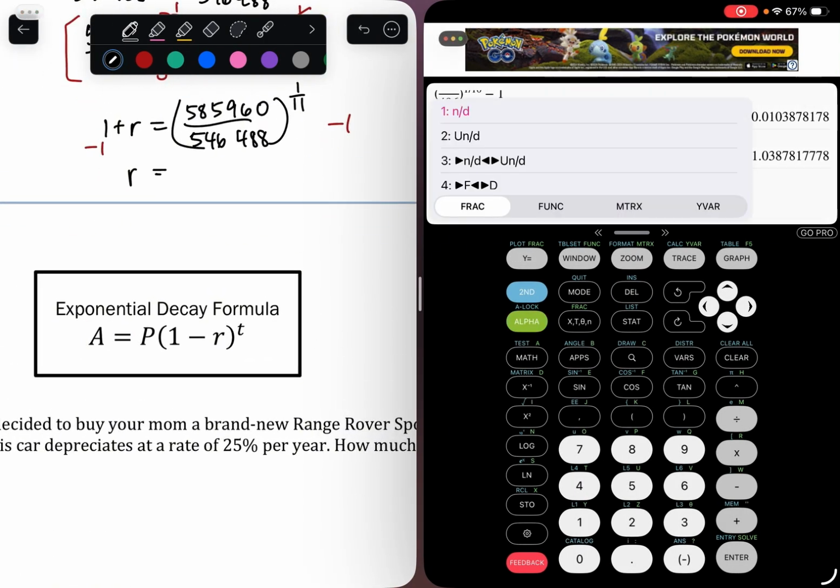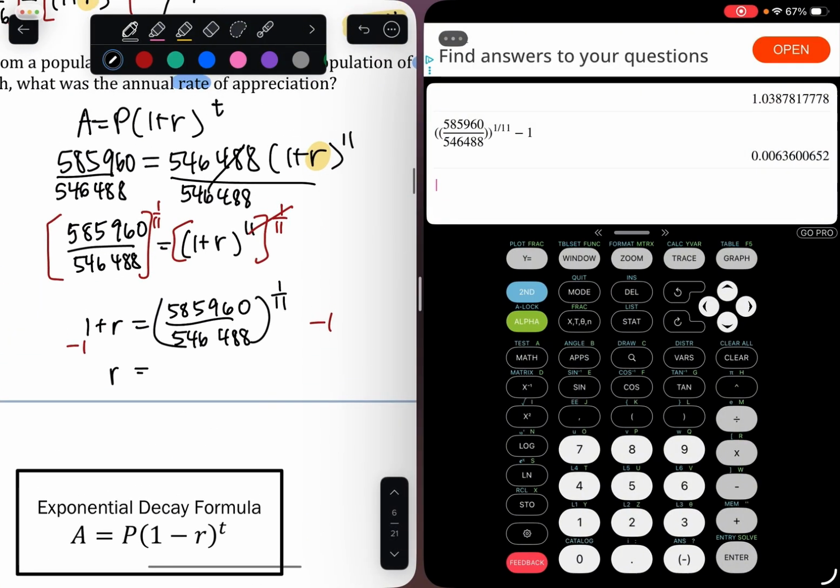Parenthesis, fraction bar, 585,960 over 546,488, raised to the 1/11th, minus 1. Okay.